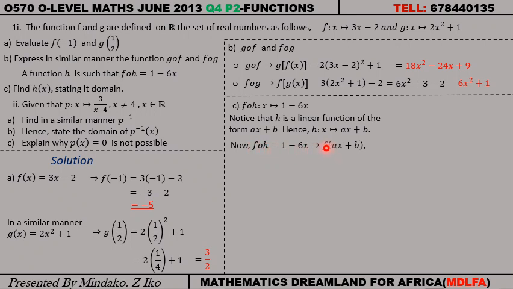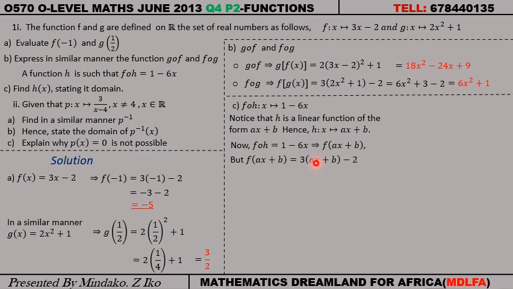So we can write f of h as f of ax plus b. But we know that f of ax plus b is equal to 3 multiplied by ax plus b, then minus 2, because I've substituted the function h in the function f, and we know that our function f is 3x minus 2.